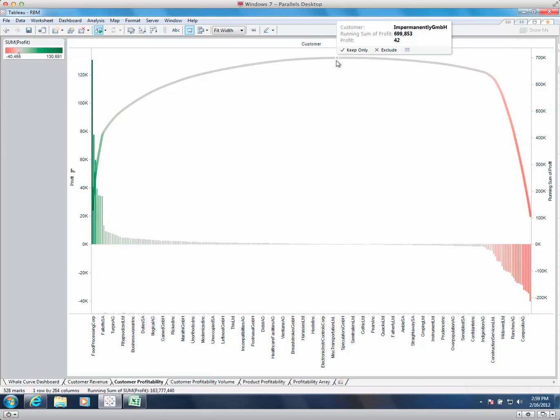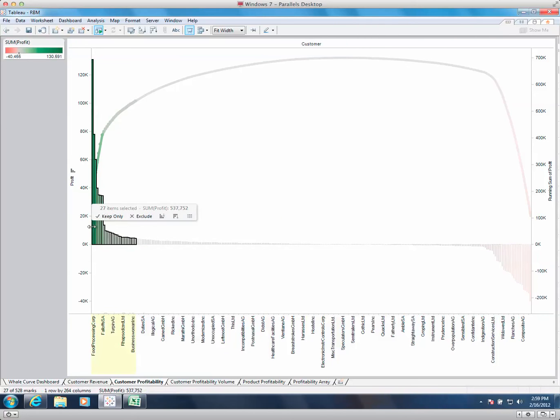Now, you might also say, we can focus on just those customers that we have positive results with, and we would see that if we just had these customers to deal with, our profit would be in the order of about $500,000. For a $3 million revenue, that would be a very nice operating margin.